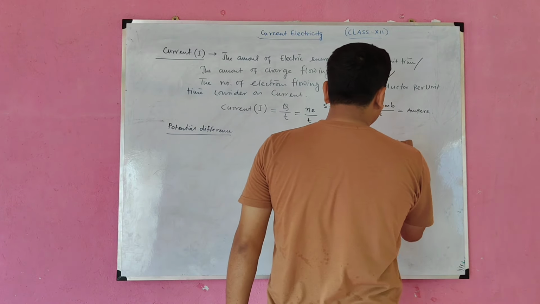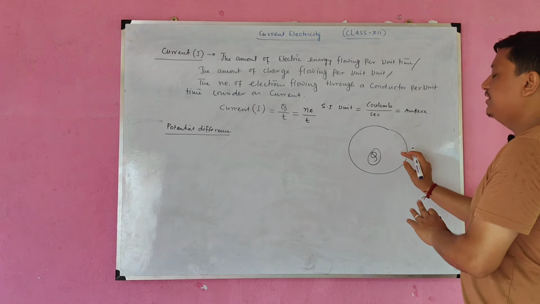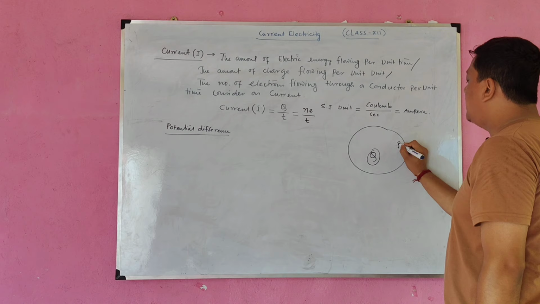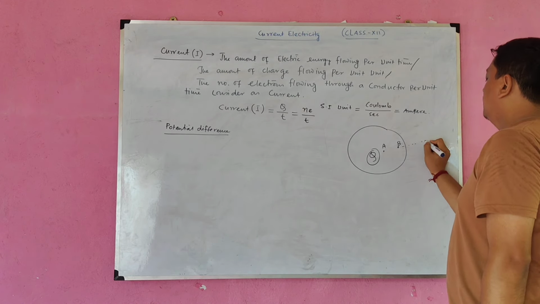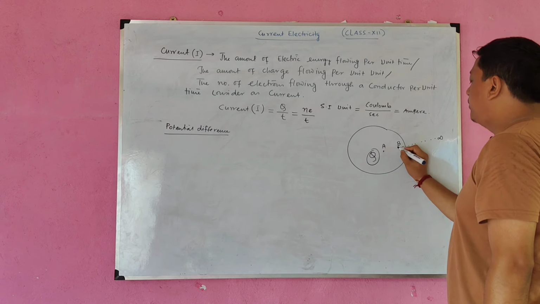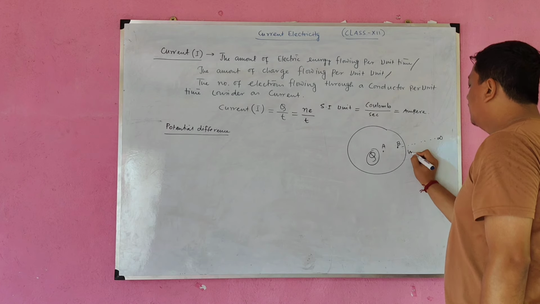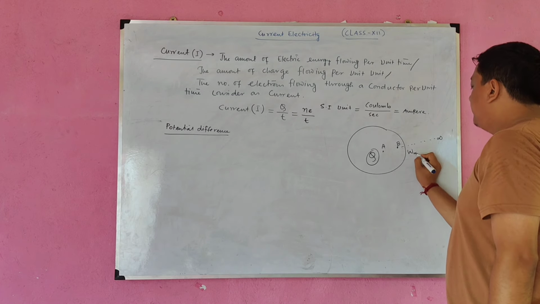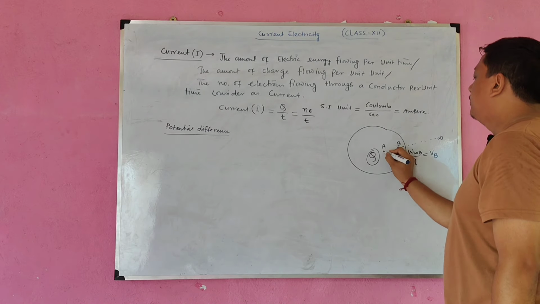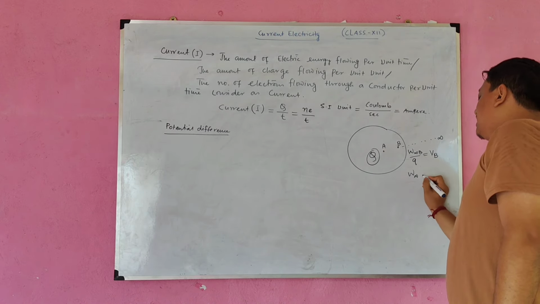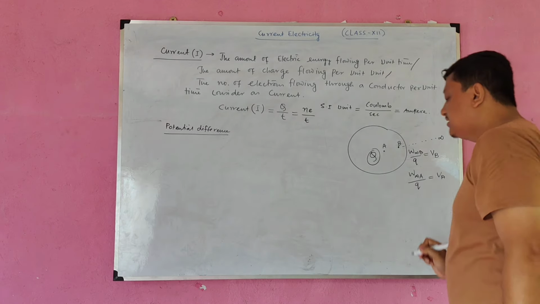If this is a source charge, a field is produced around it. If this point is B and this point is A, then bringing a test charge from infinite to point B requires some work done, and work done from infinite to B upon Q is the potential at B. Similarly, the potential at A is the work done from infinite to A per unit test charge.